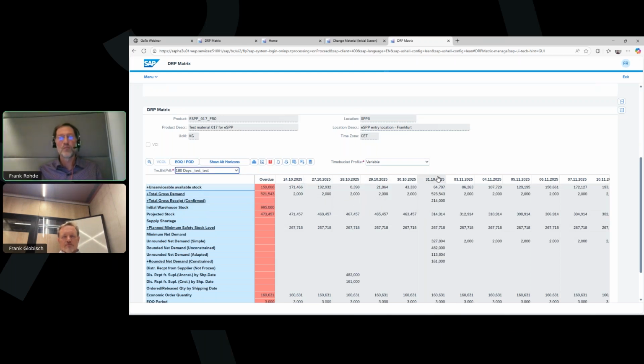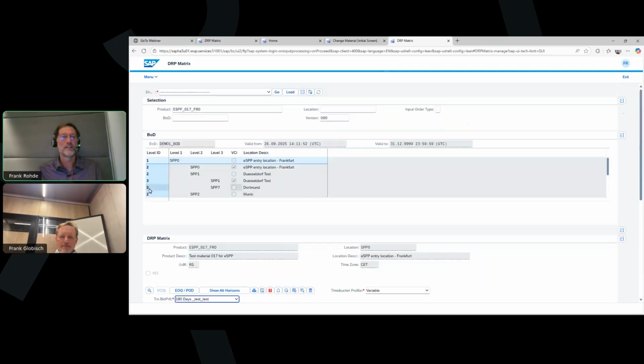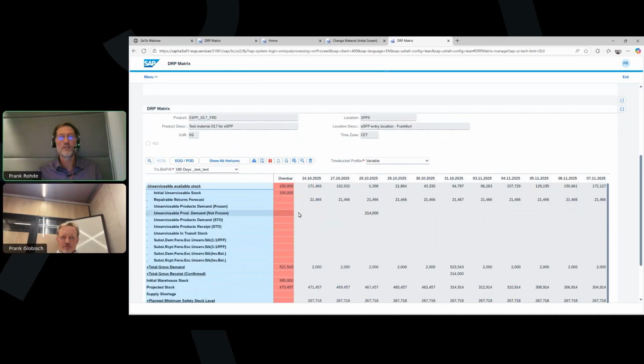Now, if we open that key figure, we have a repairable returns forecast. The system is calculating how many materials I'm getting back, how big my repair rate is, and how many materials can be used instead of a new buy.